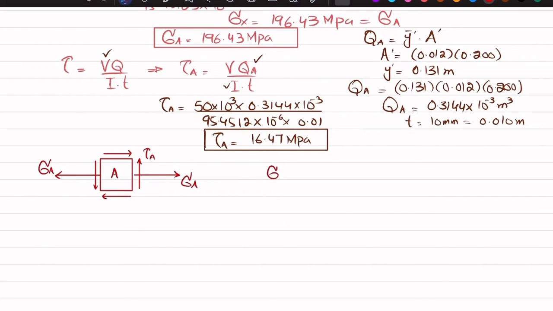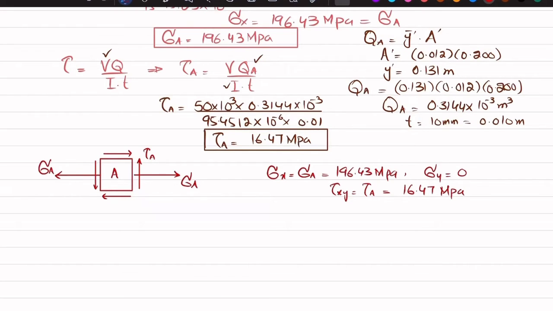So from here you can see that you have sigma x equal to sigma A, and that is equal to 196.43 megapascal. Sigma y, which is not available, is 0, and tau of xy is equal to shear stress at point A, which is equal to 16.47 megapascal.